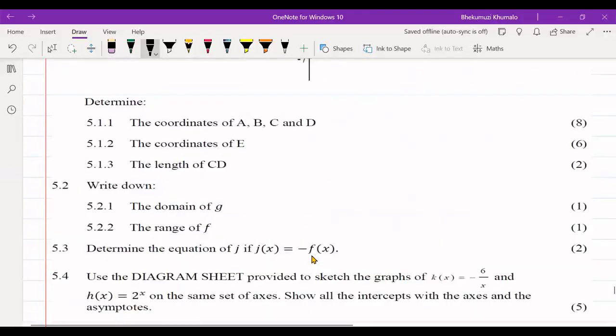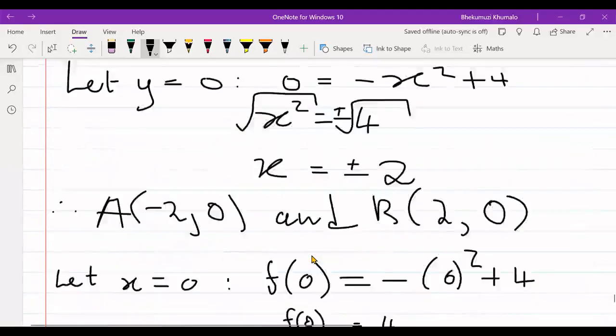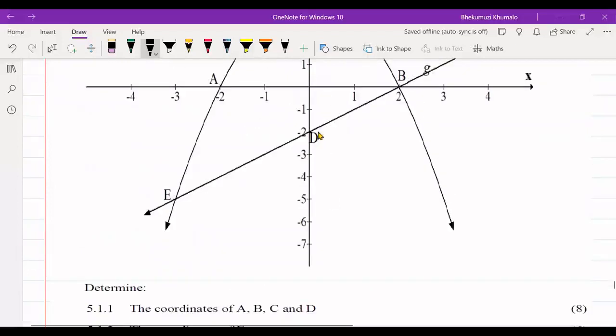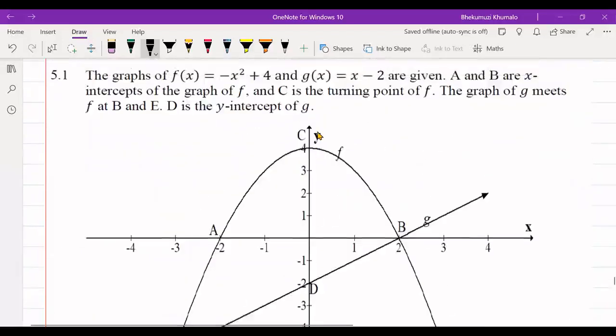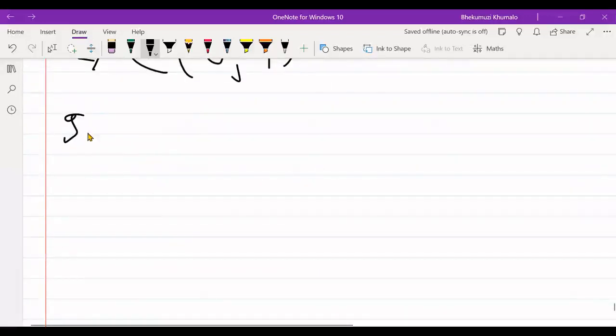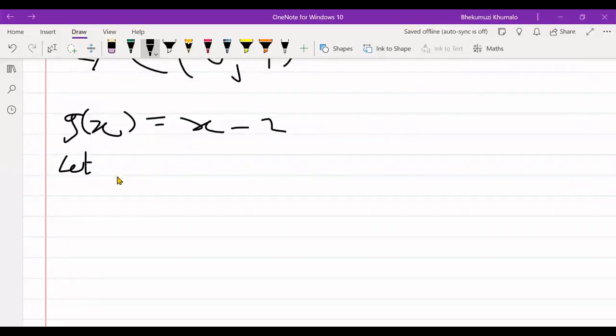And then we have D. Now, D is actually going to be (0; -2). But how do we get that? We are looking at g of x now. So we say g of x is equal to x minus 2. And then you would let x be equal to 0, right?